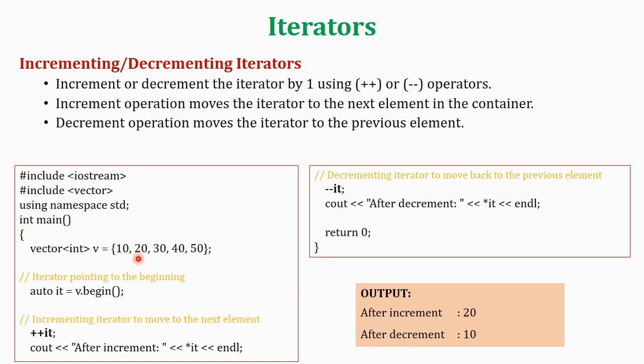Already the control is at 20. Minus minus means automatically it will move backward. So it is here. So what is the result here? 10. That will be printed. So increment means the control moves towards this direction. Decrement means the control moves towards this direction, that is right to left.